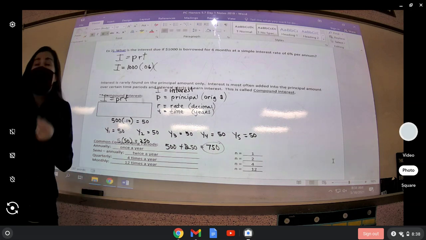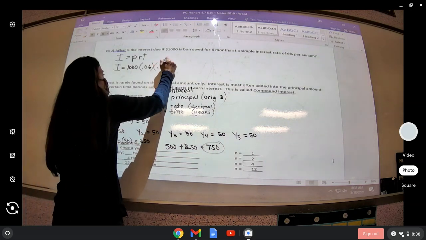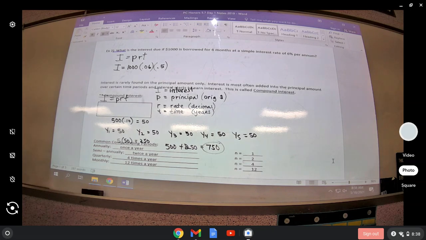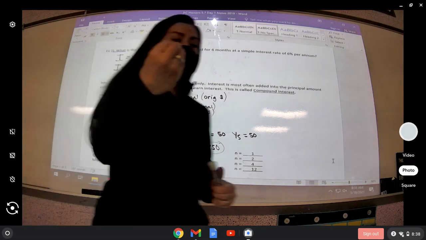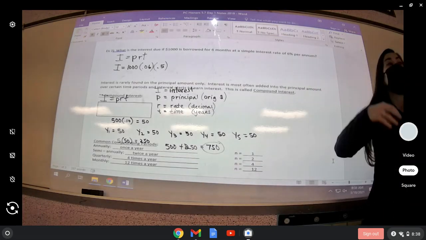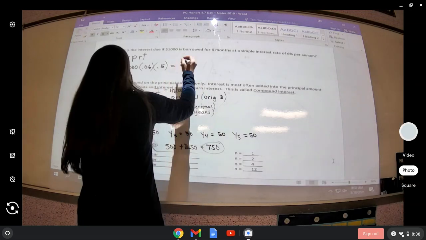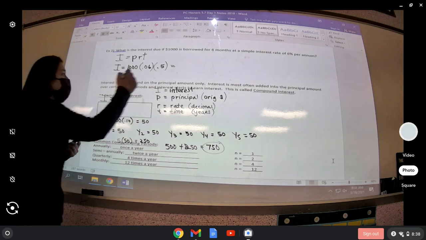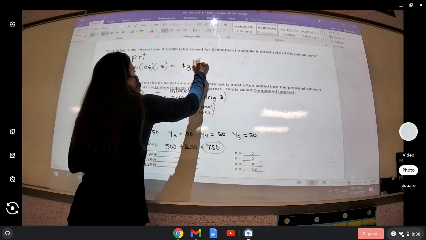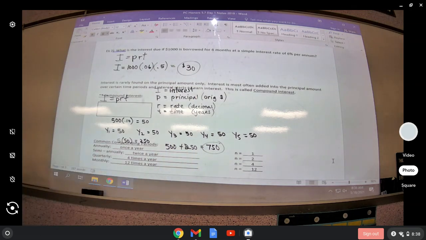A half, right? 6 out of 12 months. So either 0.5 or 1/2. Multiply all that together, and that will be the interest that you will have at the end of your 6 months. And I believe it's $30. Yeah. So you will have $30 earned in interest for this money borrowed for 6 months.